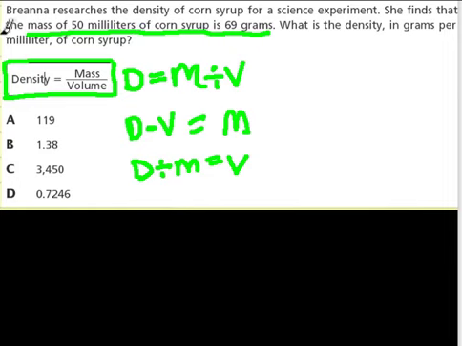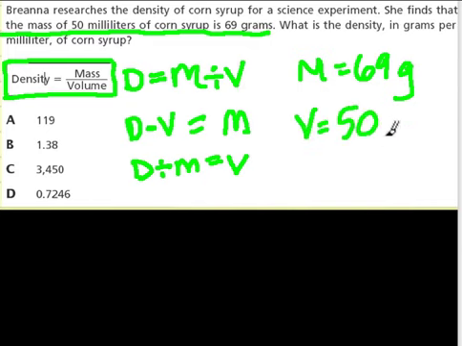If we read this sentence carefully, it says the mass of this amount of corn syrup is 69 grams. So the mass equals 69 grams. That means that the volume equals 50 ml, which is milliliters, and typically liters represent a volume and grams represent a mass.